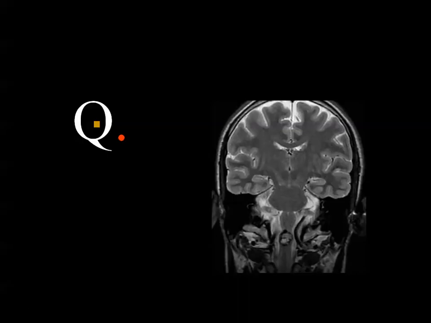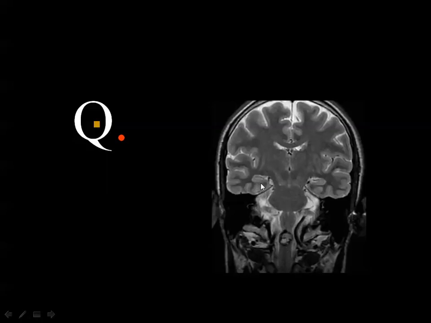Coronal T2 of the brain. Mesial temporal sclerosis. Right side. On the right side. And this is the lesion.